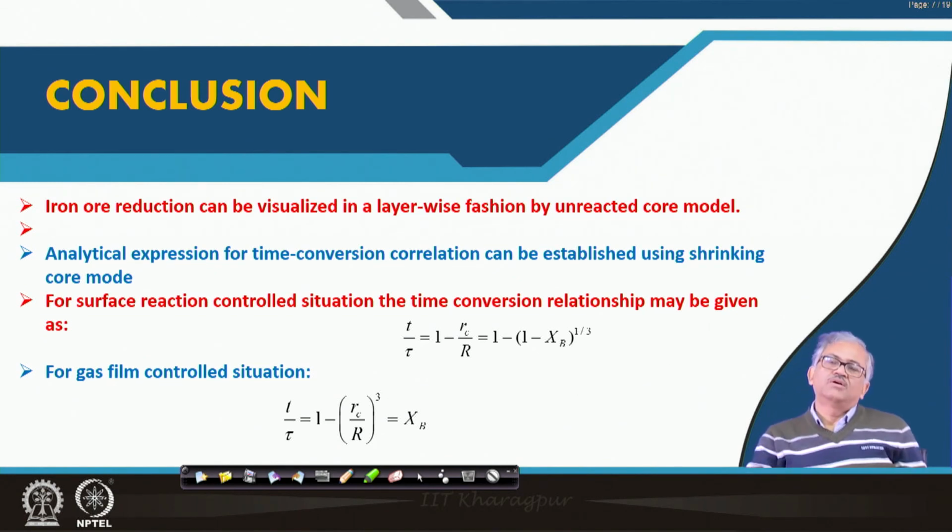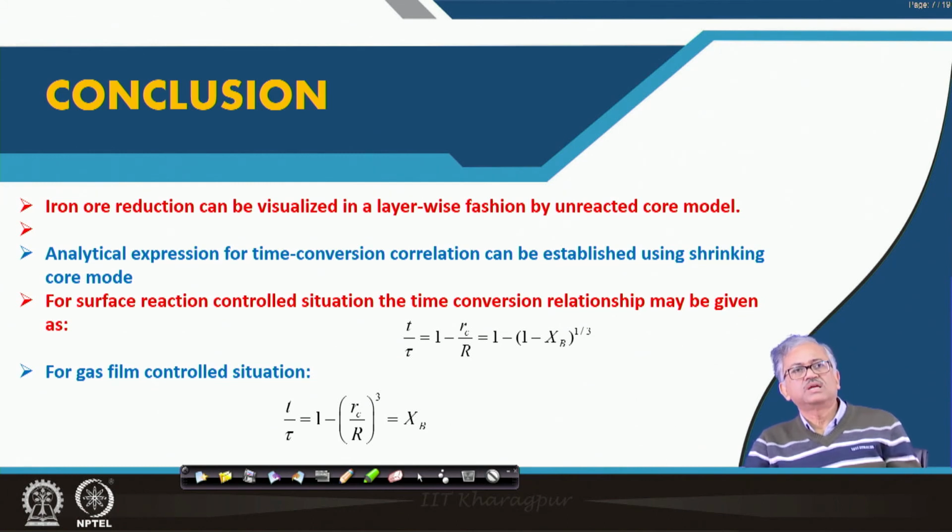Because in this case, as I said, the hematite to magnetite reduction is accompanied with a volume change. As a lot of defects and pores are formed in the structure, that can facilitate the iron movement.